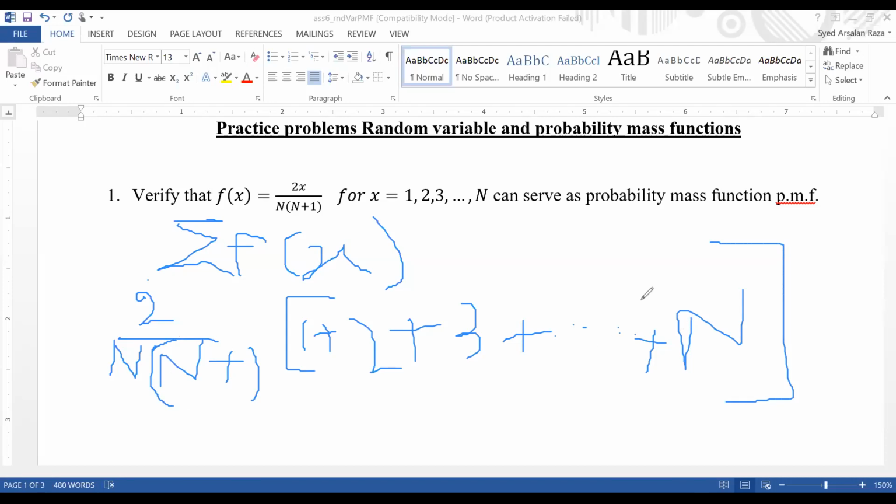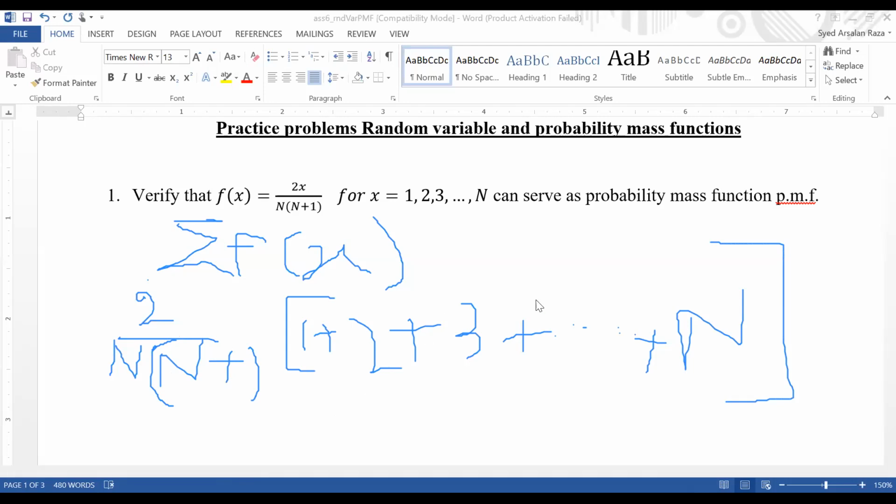Now you have to find out the sum of the natural numbers. As all of you have the idea in mathematics, the sum of natural numbers is equal to n into n plus 1 divided by 2.